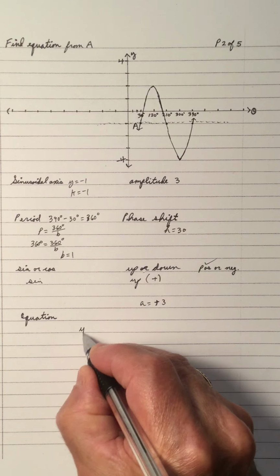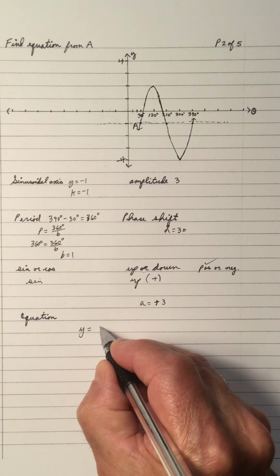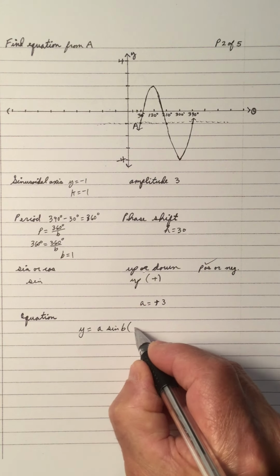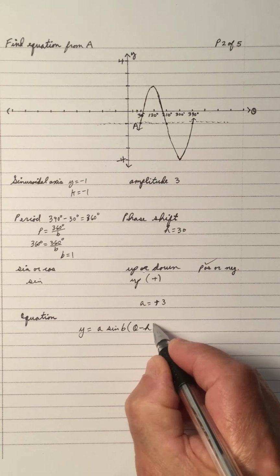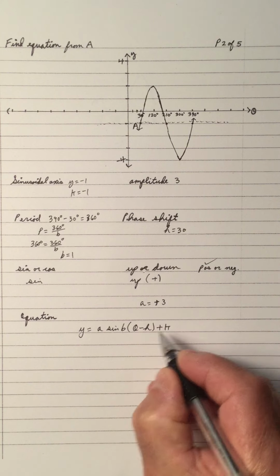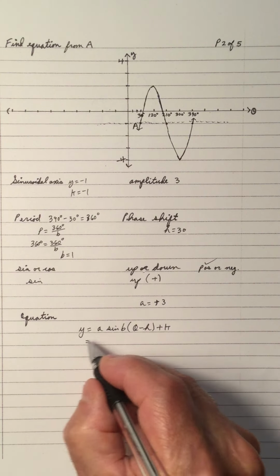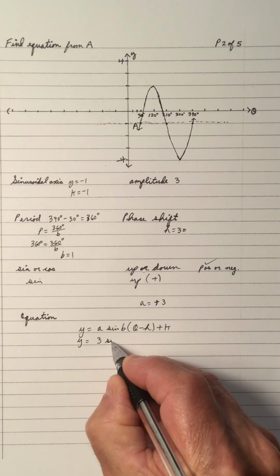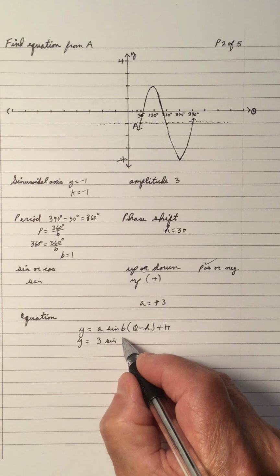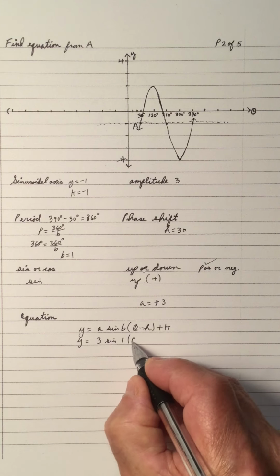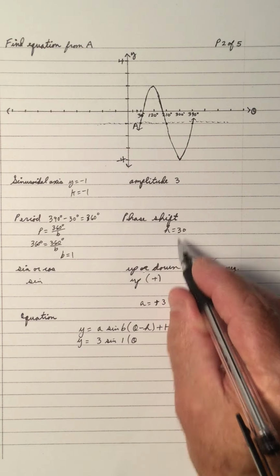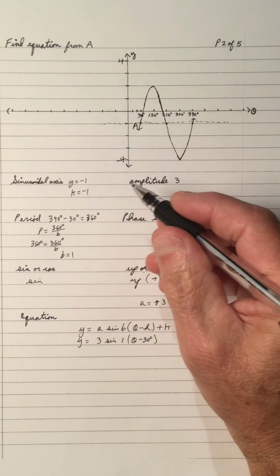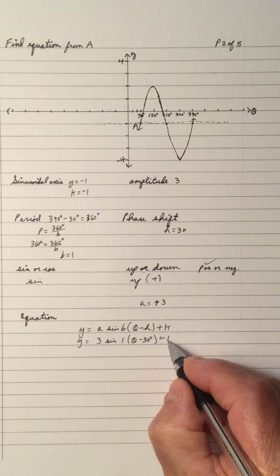So the equation is y equals A sine B(theta minus H) plus K. It's a sine graph, so A is 3 sine, B is 1, and H is 30, so it's theta minus 30 degrees, and K is -1.